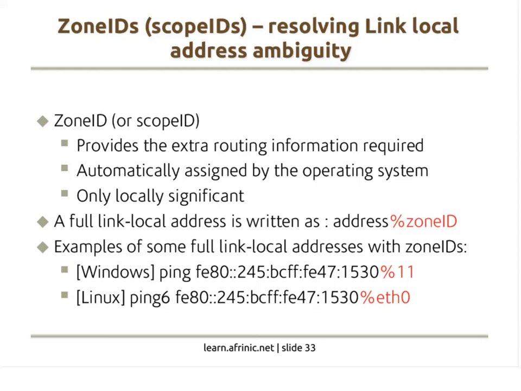So normal routing procedures cannot be used to choose the outgoing interface when sending packets to a link local destination. So you can use what's called a zone index, and when an address is written textually, the zone index is appended to the address using a % sign, which I will show how to do next.